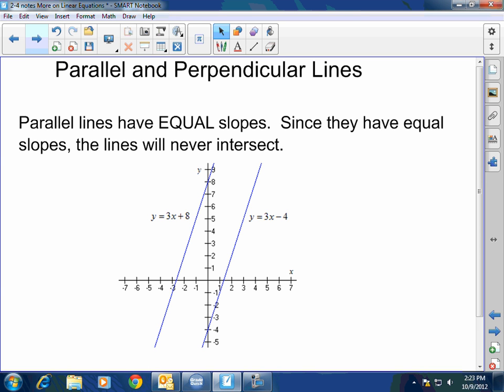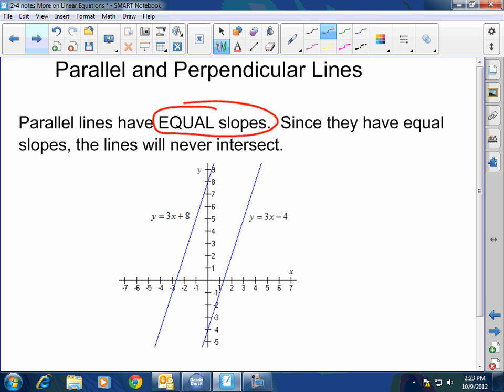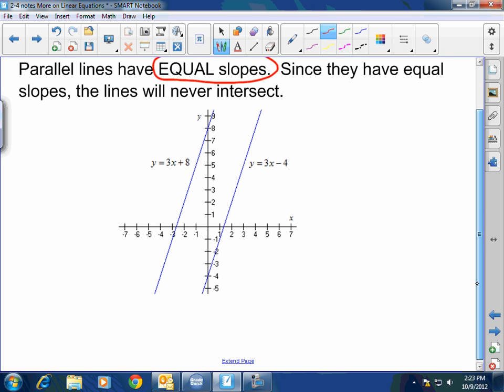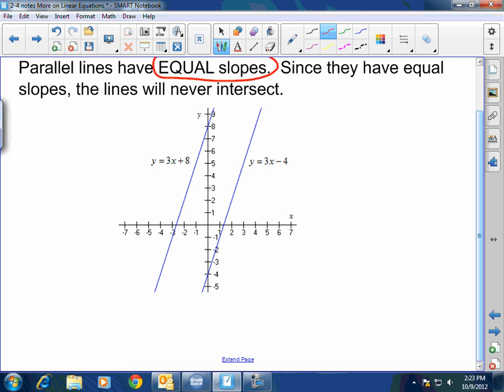Parallel lines. Parallel lines have equal slopes. Remember that. Equal slopes. Since they have equal slopes, the lines will never intersect. If you can see here, this line is y equals 3x plus 8. This is y equals 3x minus 4.